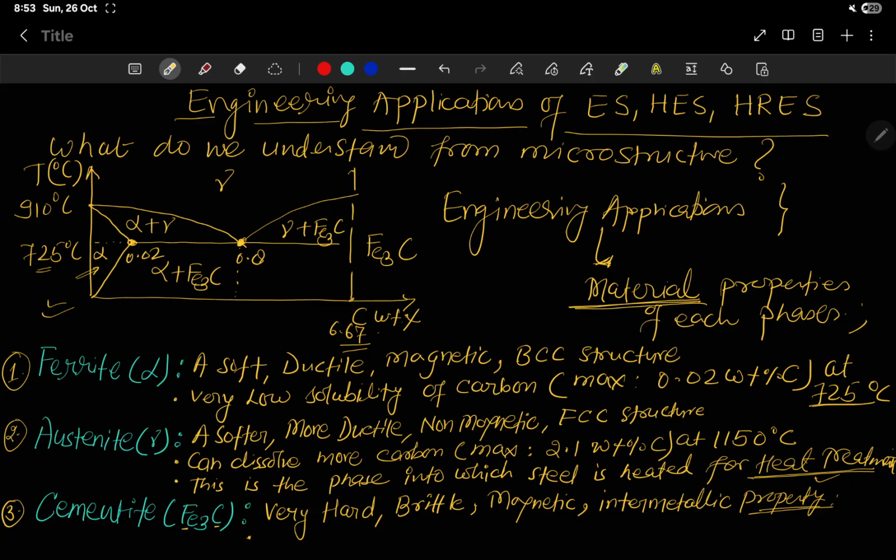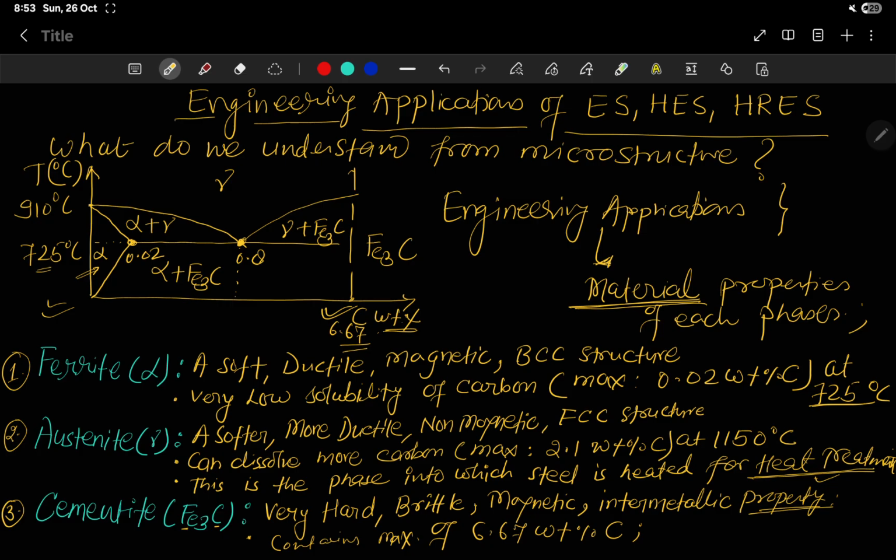carbon, if you see this cementite, so this cementite contains a maximum of 6.67 weight percent of carbon.